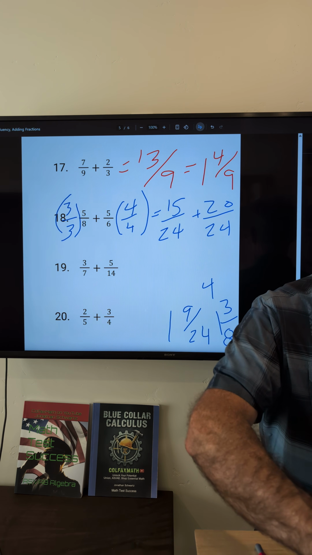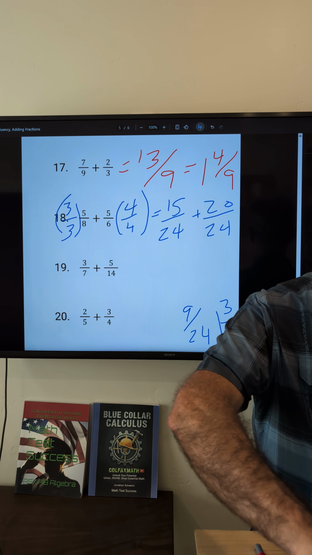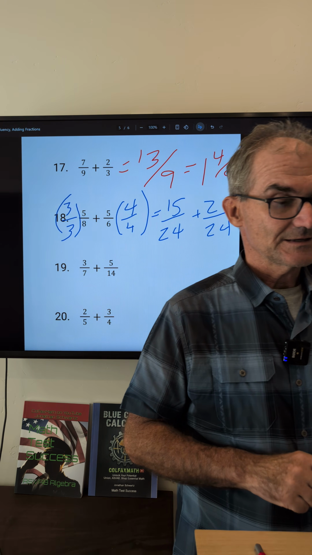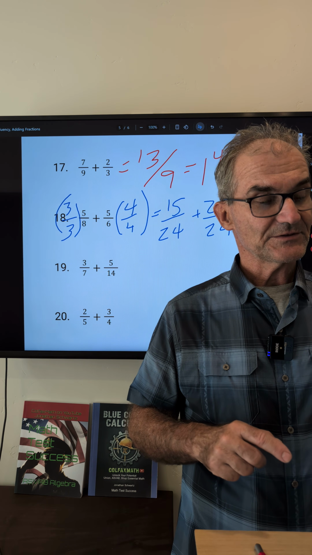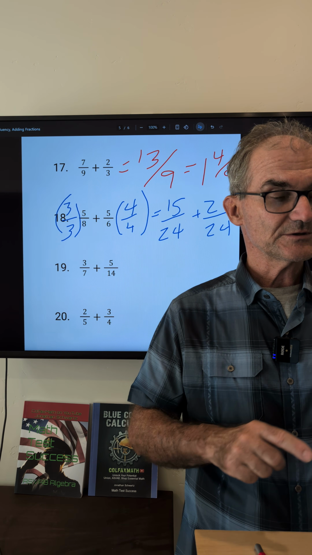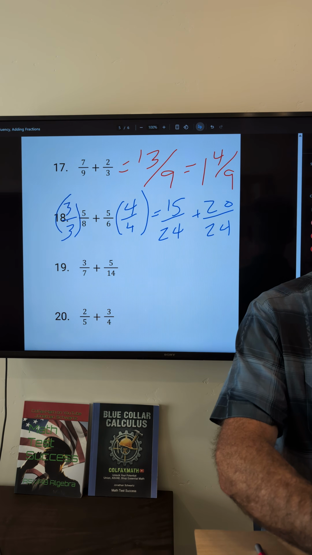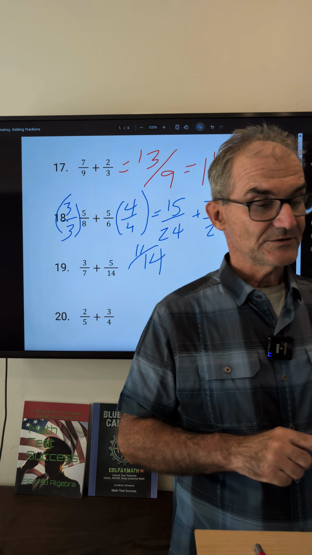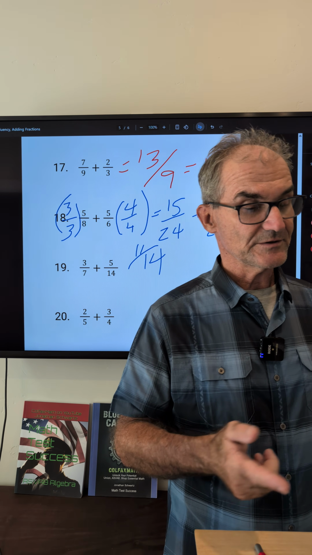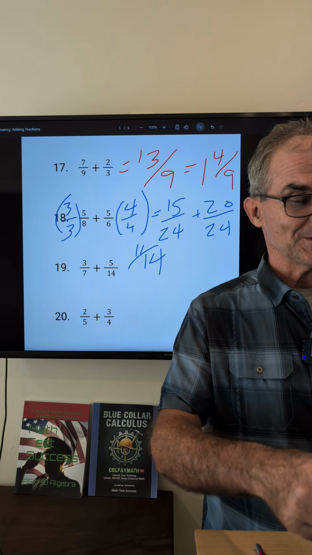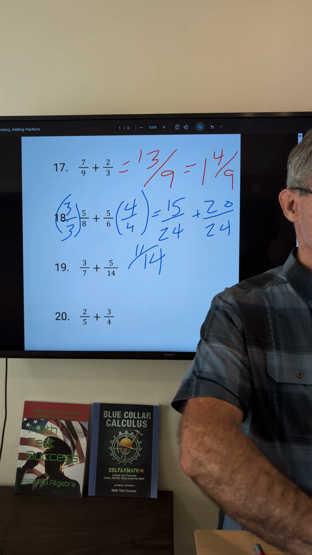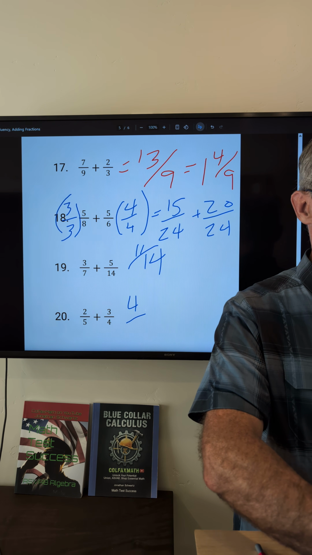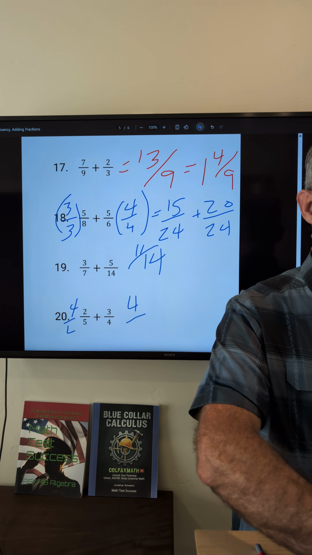A little bit harder now. Kind of have to use paper and pencil on these, or I do. 3/7 plus 5/14 is 6/14 plus 5/14, 11/14. 2/5 plus 3/4 is going to be 4/20. Ooh, I don't know if I could do that. I'm going to multiply this by 4 over 4.